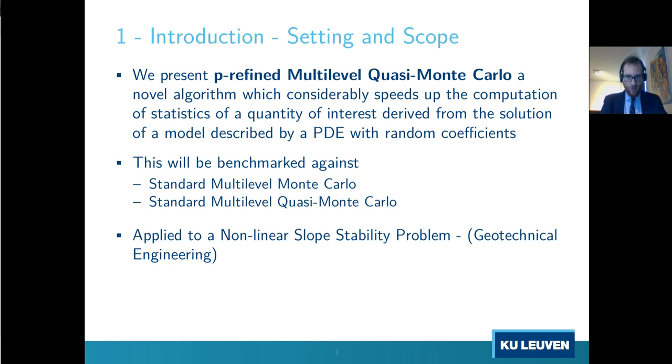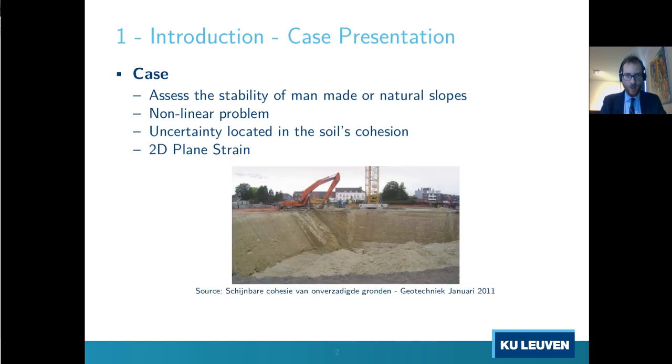The problem on which we will benchmark it is actually a geotechnical engineering problem, a nonlinear slope stability problem. Here this is the case itself. The problem is to assess the stability of man-made or natural slopes. As you can see on the picture, this is an excavation.